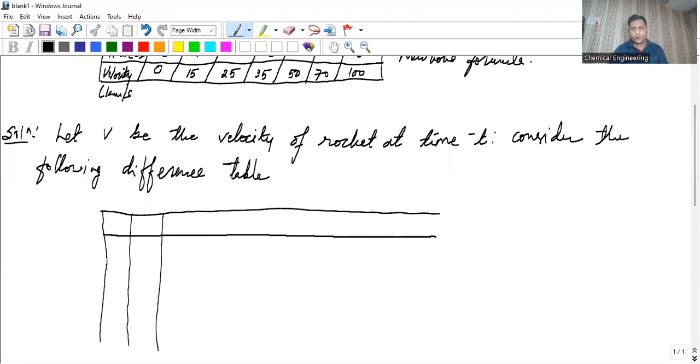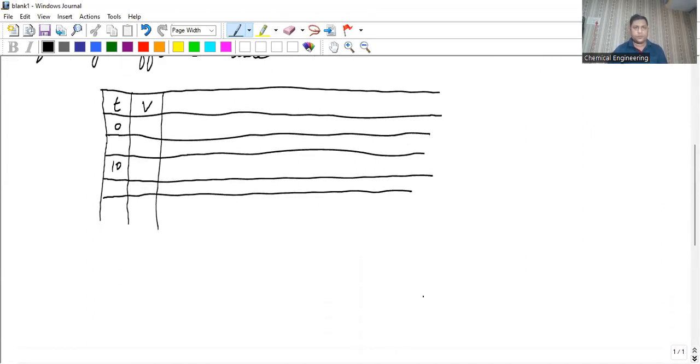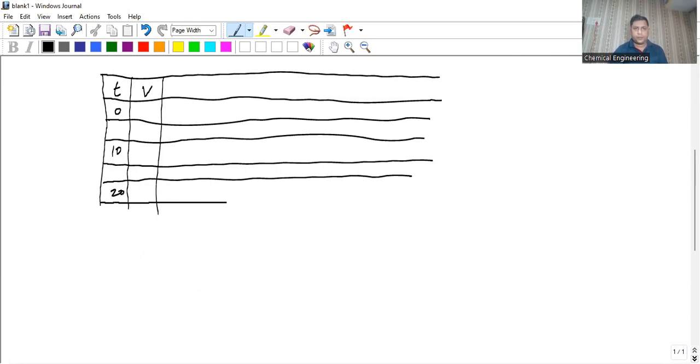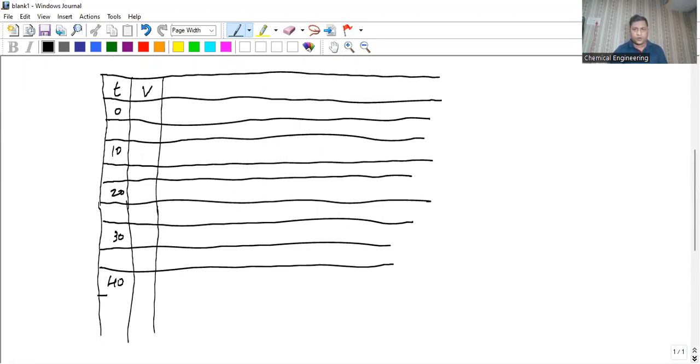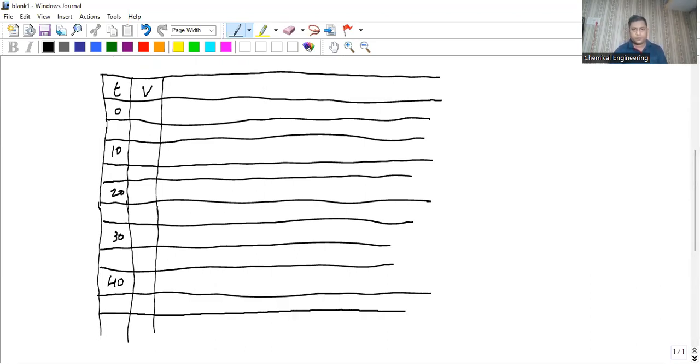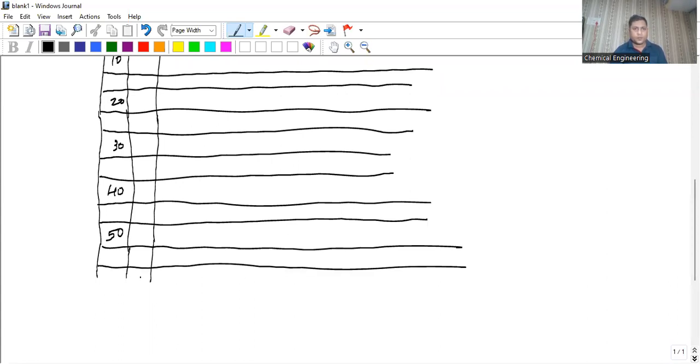Okay, so we have time t and velocity v, and it is given 0, 10, 20, 30, and 60.